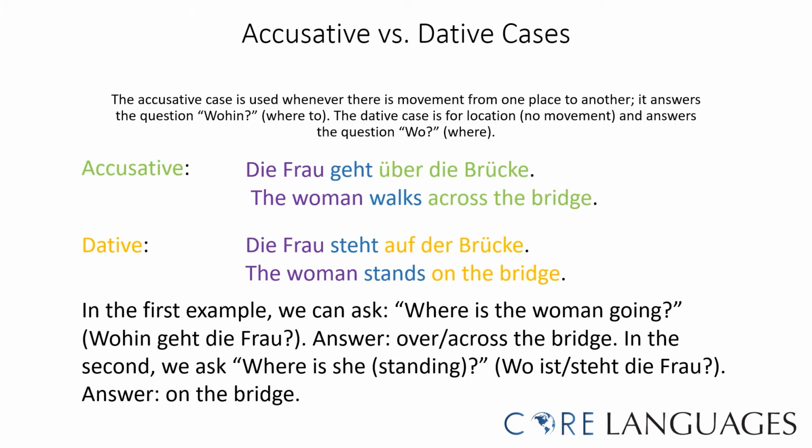Wohin geht die Frau? The answer is, she walks across the bridge. But in the second example, we would ask, where is the woman or where is she standing? Wo steht die Frau? Wo ist die Frau? The answer is, on the bridge.